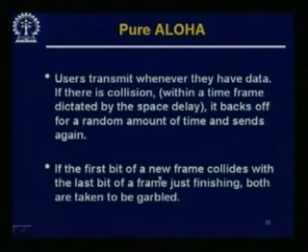If the first bit of a new frame collides with the last bit of a frame just finishing, both are taken to be garbled. So, there is no such thing that a frame has gone through with 95%. Either the frame has gone through entirely, or even if only one bit has collided, both frames are taken to be garbled and lost.